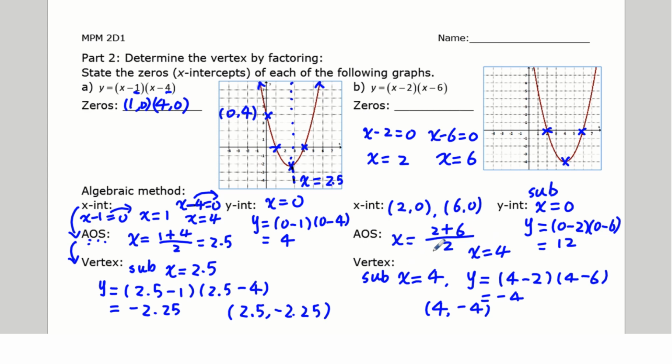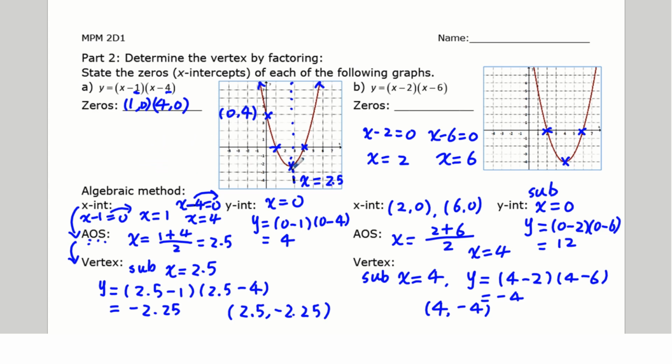Then, from axis of symmetry, we could find the vertex by substituting the x value at the axis of symmetry, and find the y value. So this is the idea that we are going to use to find the vertex.